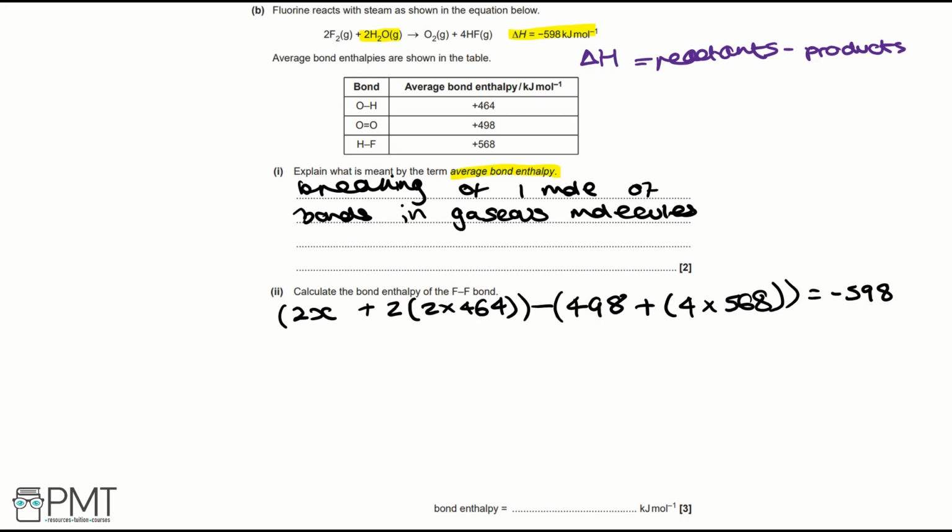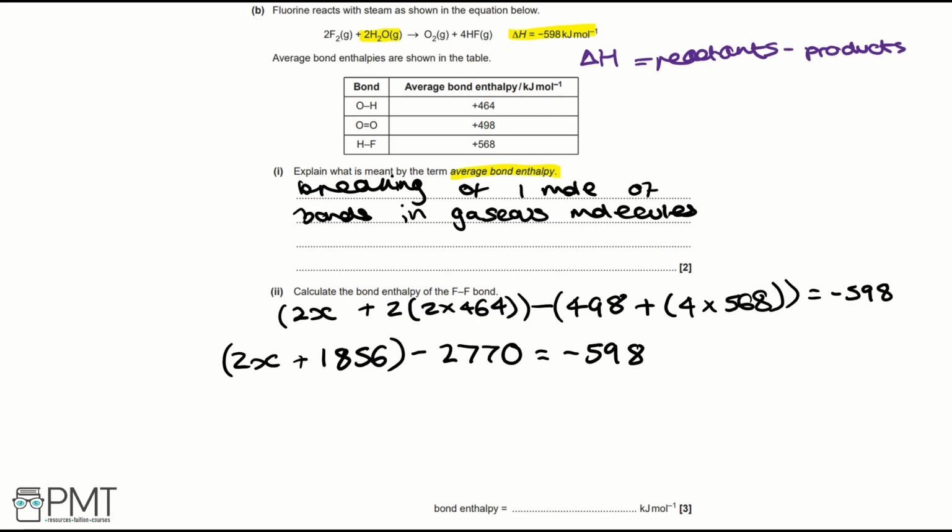Now we're going to simplify or rearrange this slightly. So we would have 2x plus 1856, all in brackets still, minus 2770 equals minus 598.